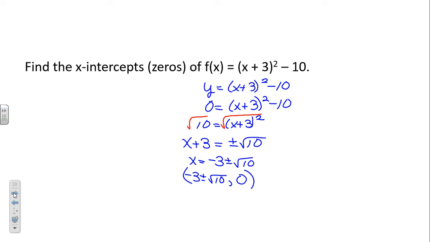Okay. So what is negative 3 plus the square root of 10? Square root of 10 is a little bit more than 3, right? So negative 3 plus a little more than 3 is going to be kind of point something. So that just means that we had a vertex at negative 3 and down here at negative 10.